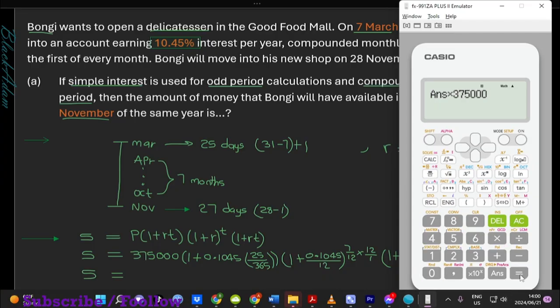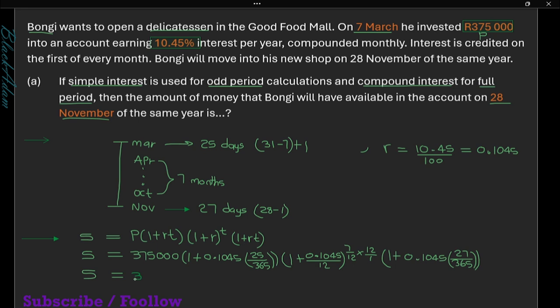Then multiply by 375,000, and that gives us 377,684.07.